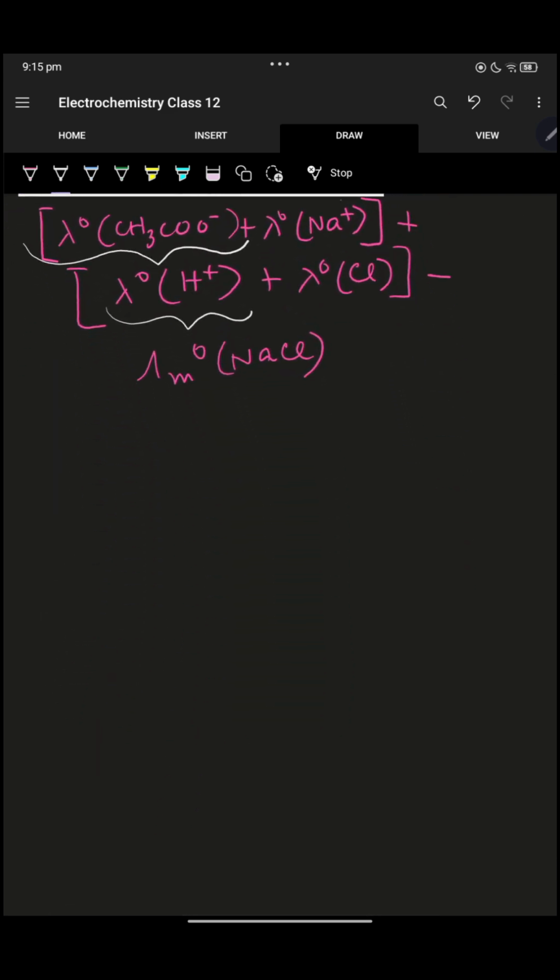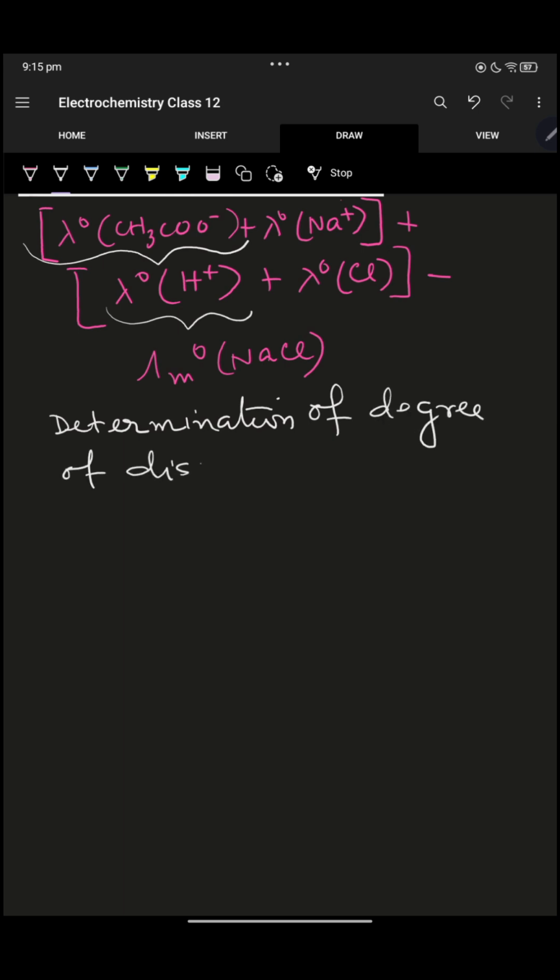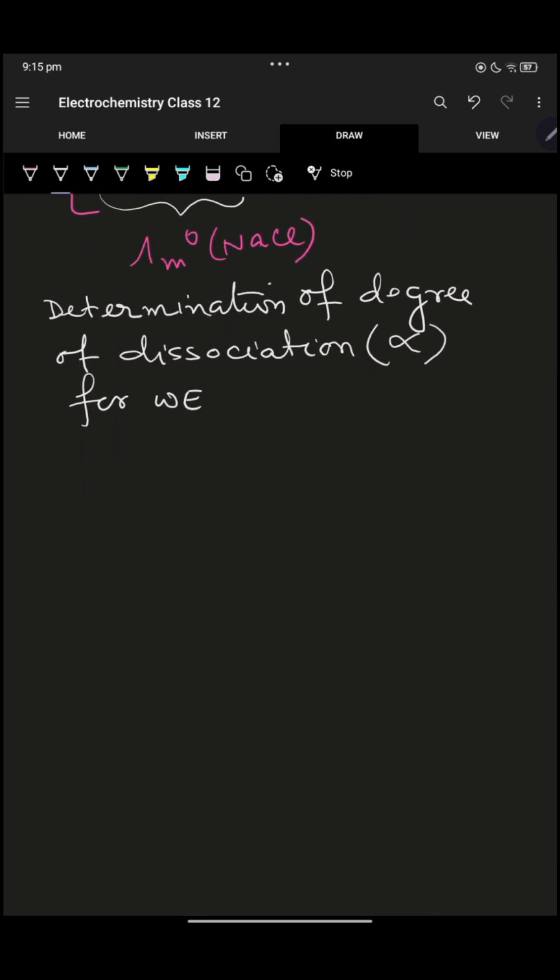Next, what are the other applications? The next application is the determination of degree of dissociation of a weak electrolyte. The degree of dissociation of a weak electrolyte can be given by alpha.